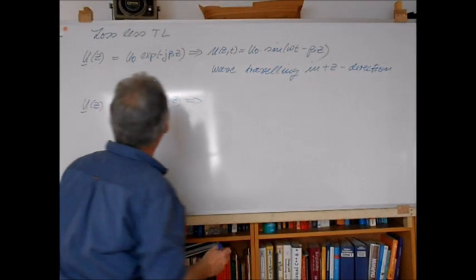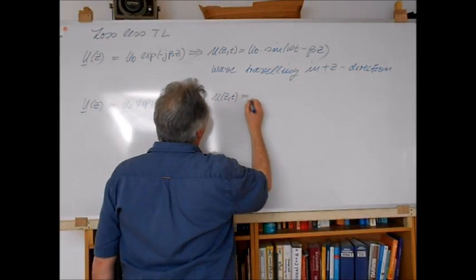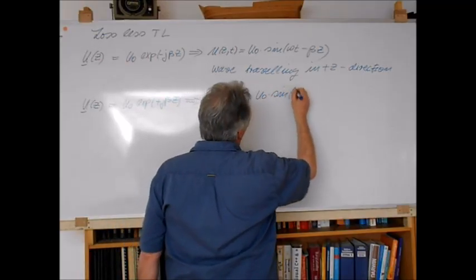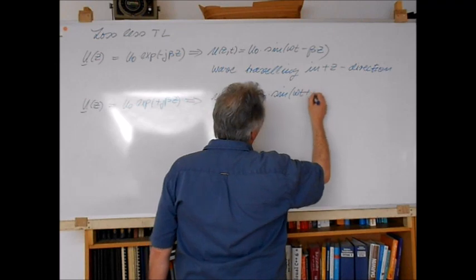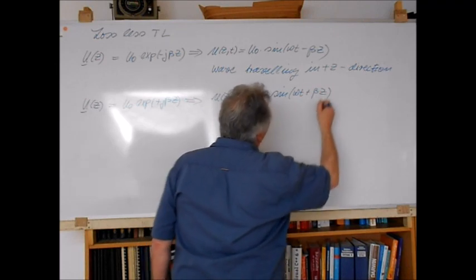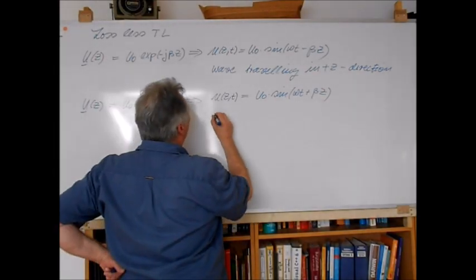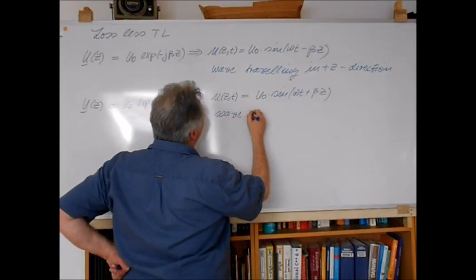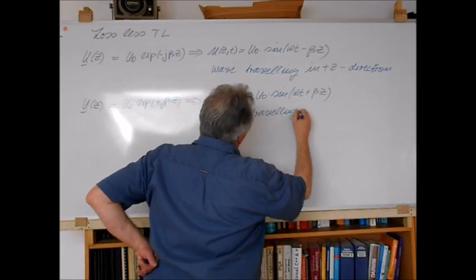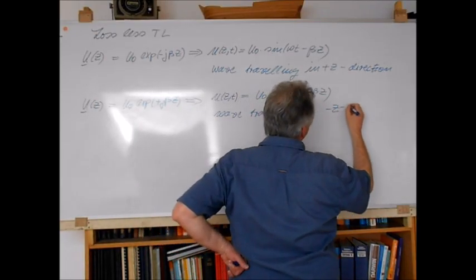Then this would result in u of z, t being u naught sinus omega t plus beta times z, and we saw that this is a wave traveling in minus z direction.